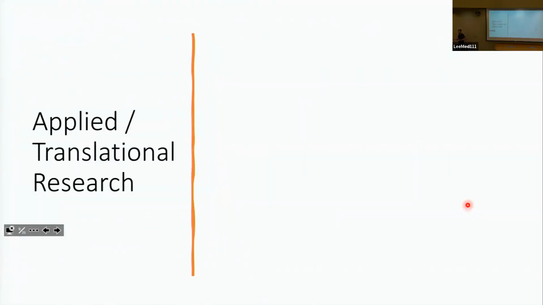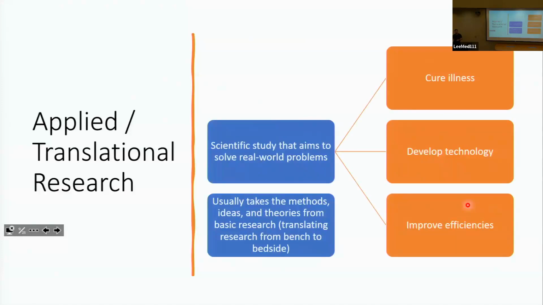As we'll see, applied or translational research is scientific study that aims to solve real-world problems. So these problems could be something like curing illness, developing some new technology, improving efficiencies of existing either treatments or devices. But there's a real-world application to the results of that research.